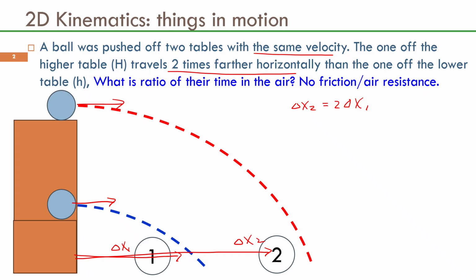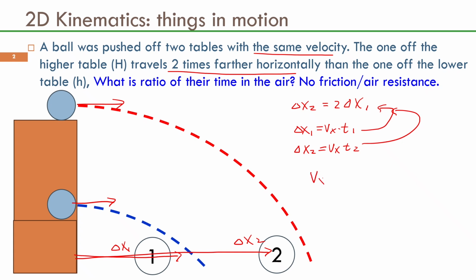But we also know for all projectile motion along the horizontal direction, it's a constant velocity motion. In other words, delta x1 equals Vx times t1, and delta x2 equals Vx times t2. So now, if we plug delta x1 and delta x2 into this equation, let's see what we can find out.